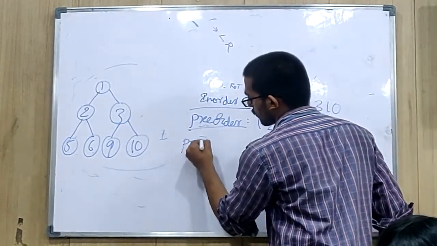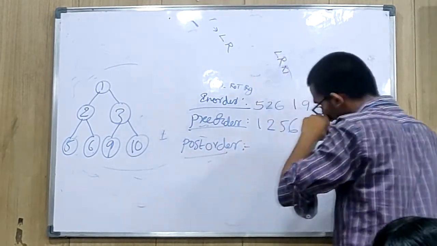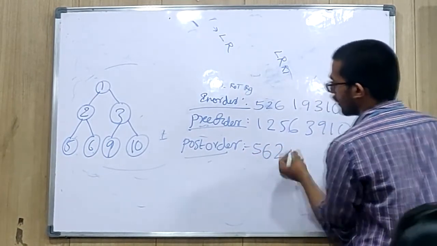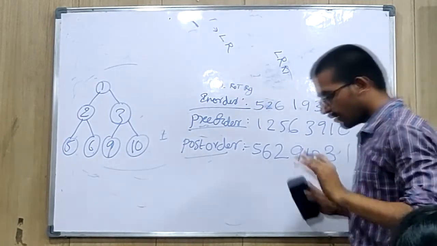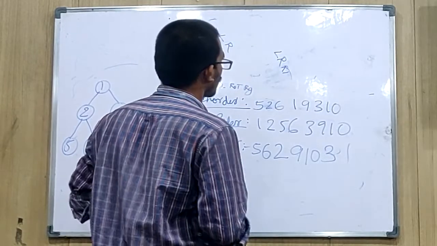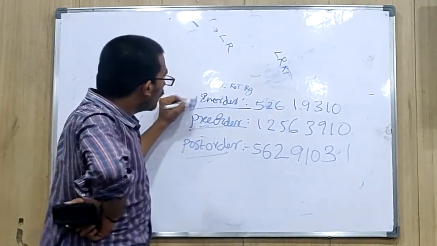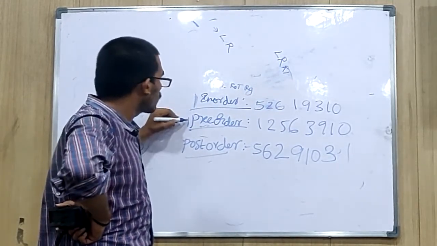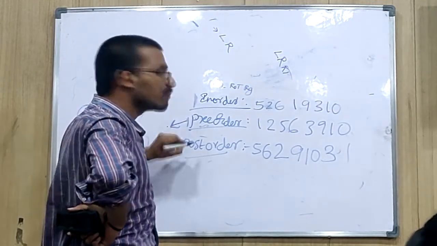Post order: 5 6 2 9 10 3 1. See here, one important thing you want to observe. We did before with the help of in order; we want some parameter like pre-order or post-order. In order to achieve pre-order we want in-order and post-order.